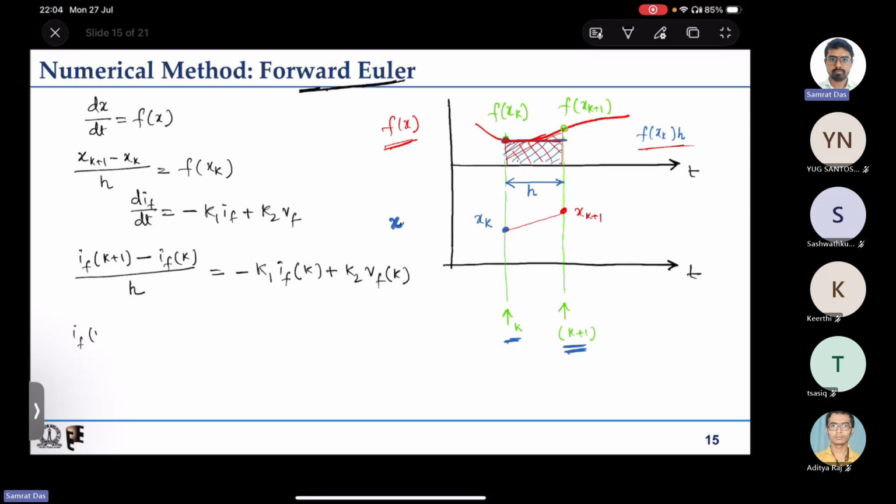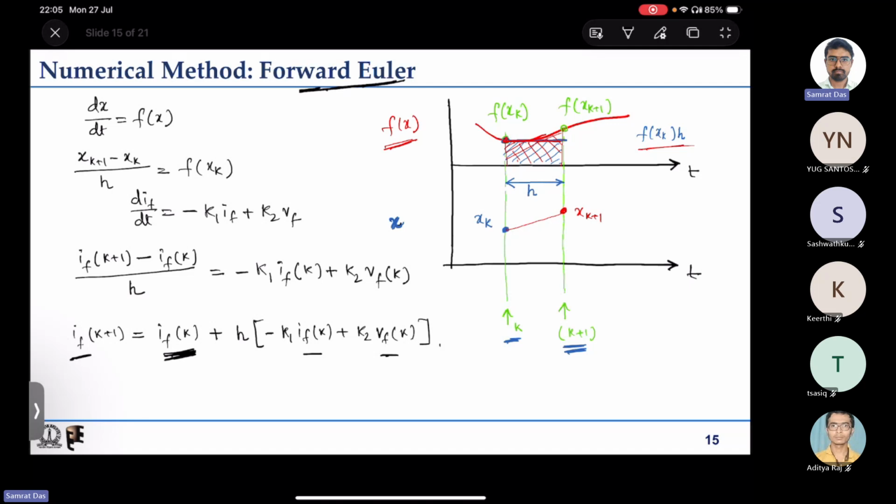Written out, ifk plus 1 is equal to ifk plus h into minus k1 into ifk plus k2 into vfk. By using this equation, if ifk is known at the kth instant, and the current and voltages are known, then the k plus 1th instant current can be calculated.